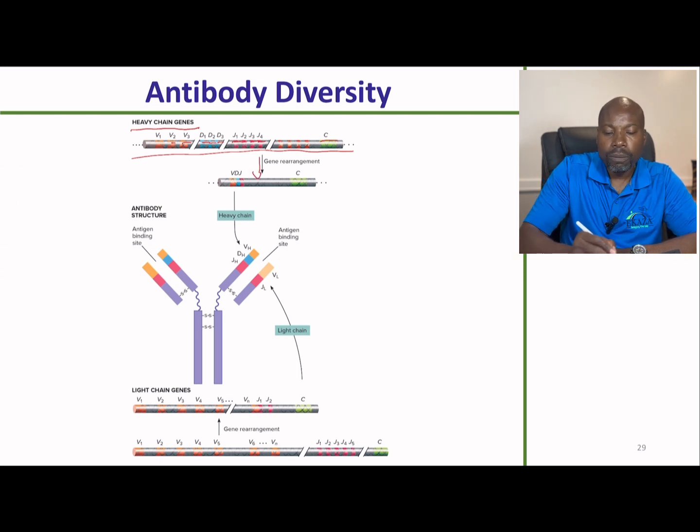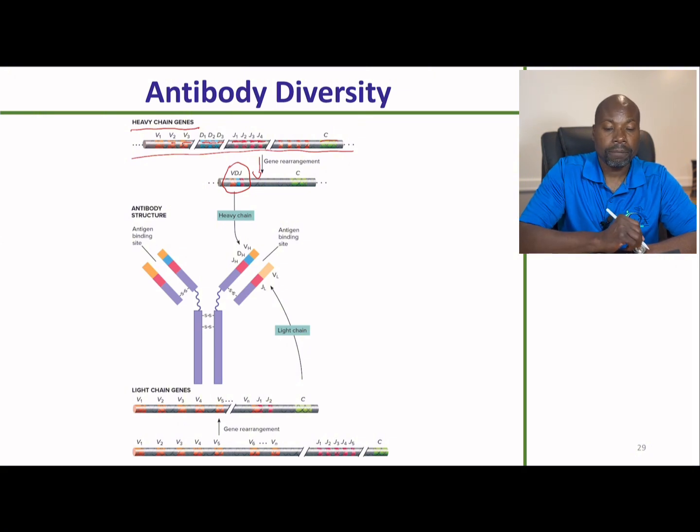And that gene rearrangement is going to select only a particular V, a particular D, a particular J, right? So that at the end of the day, for the heavy chain, you are going to have this constant region with a variable J, D, and V area.